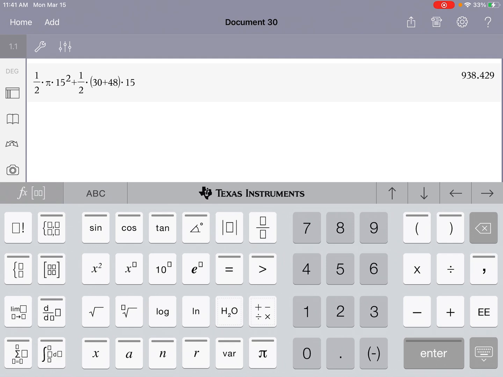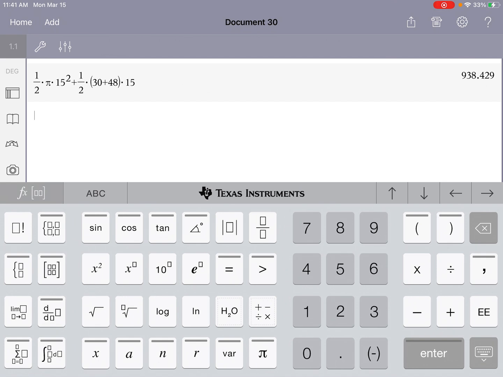If this number is less than 5, we just leave that 4 as it is. But what if it was 5 or above? We would have to change this 4 to the next number up, which would be 5.